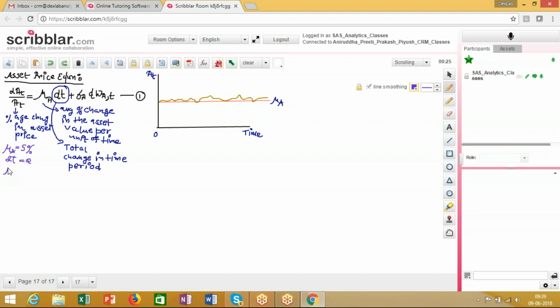So the total change that I'll observe in the asset price is mu A dt. That is 5% into 2. That is 10%.